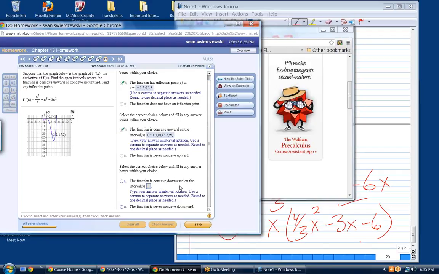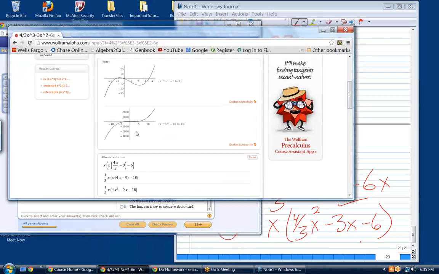Select the correct choice here. The function is concave down whenever the second derivative, this function, is negative. So it would be negative infinity to minus 1.3 and 0 to 3.5. That's where this is negative.